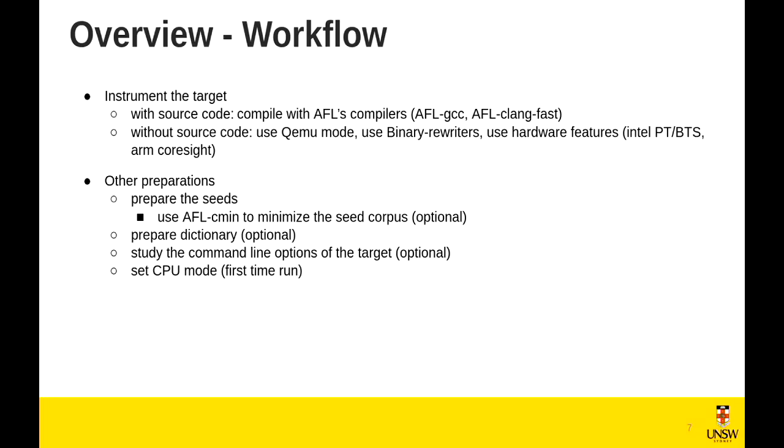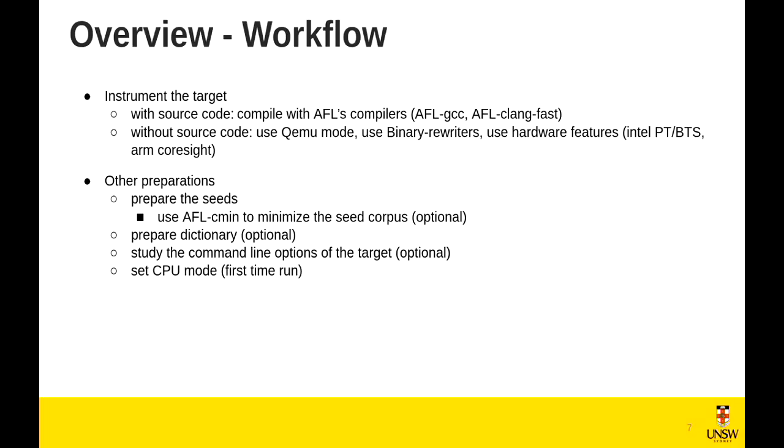The first one is we need to prepare the initial seed inputs. And if we provide a lot of inputs, like thousands of initial seed inputs, we can try to use one of the utilities to minimize the seed corpus, but that is optional. For inputs with structures, we can also prepare dictionaries to do the mutation better.